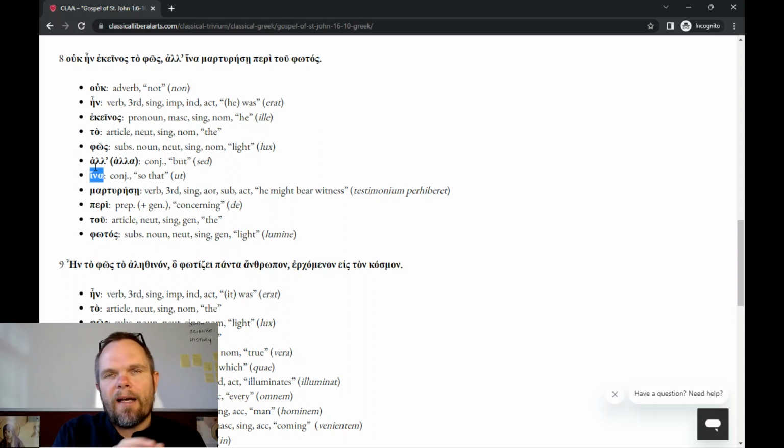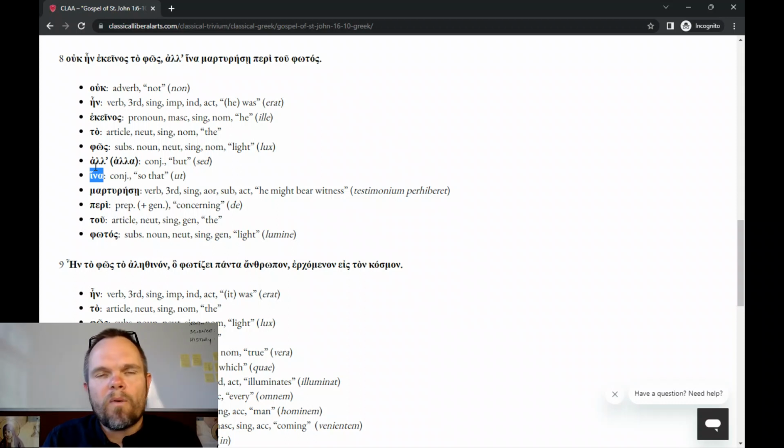So to say alla hina is sort of messy. And so they just drop that final alpha and say all' hina, which is easier to pronounce. And again, that's called euphony, just making changes to a language to help with the articulation, to help it be articulated more smoothly, and also to make it more pleasant to listen to. So we have all' hina, but, so that.